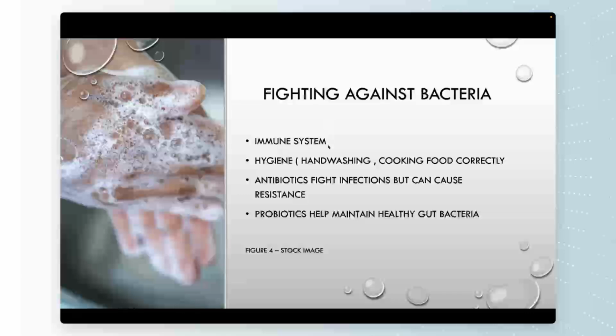Fighting against bacteria. Our bodies are home to trillions of bacteria, most of which are beneficial. Maintaining a balance of good and harmful bacteria is key to staying healthy. We can do this by keeping good hygiene, such as hand washing and cooking food correctly.